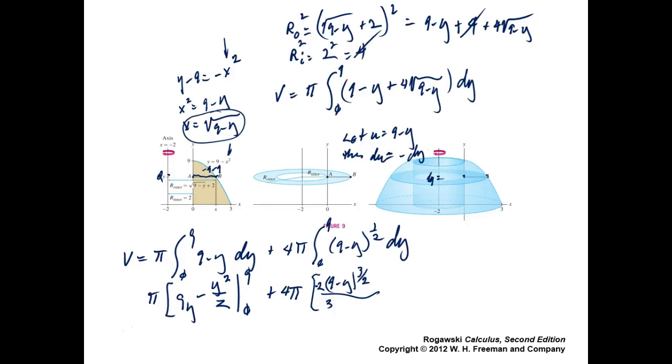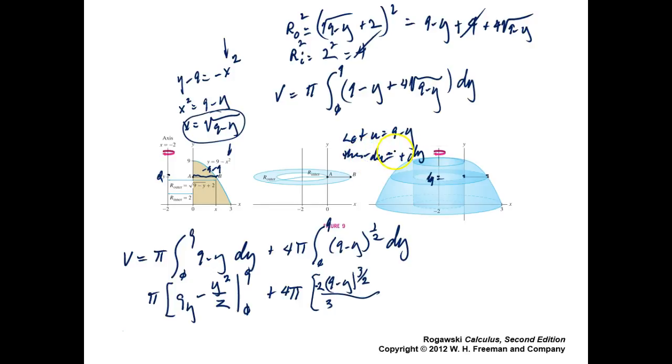Derivative of this side would be du, derivative of this would be 0, derivative of that would be minus dy. Got it? Okay. So then dy would be minus du.